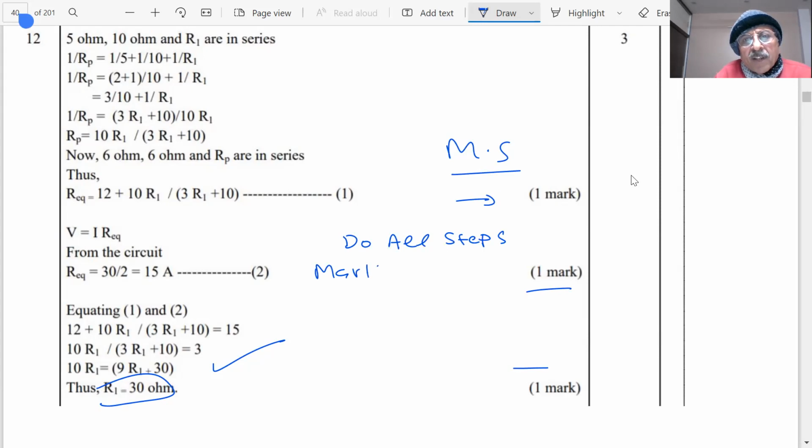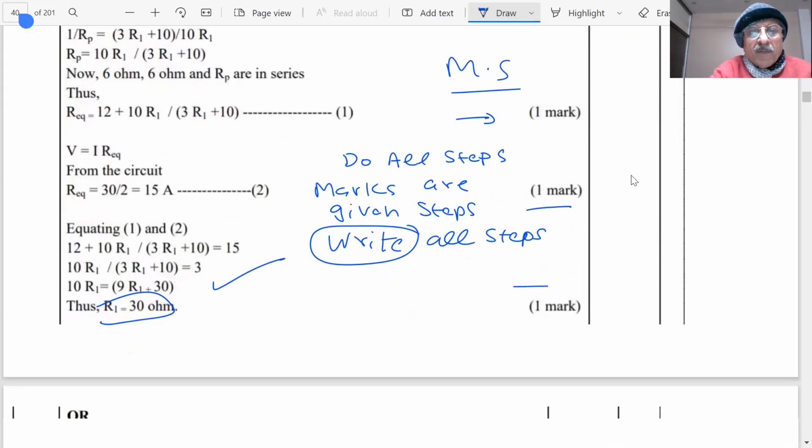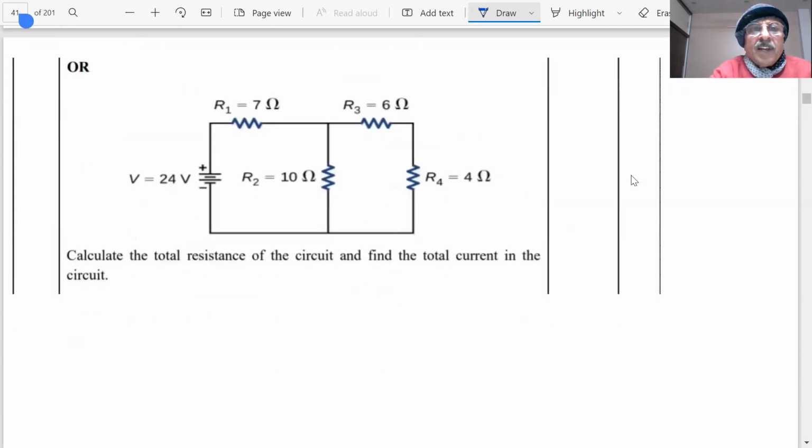Marks are given for the steps. So you have to write all the steps, students. Then you will get full marks. Okay. Let us see another question.